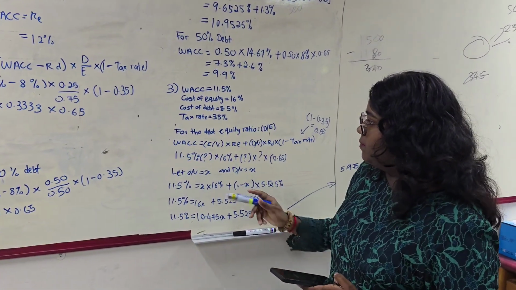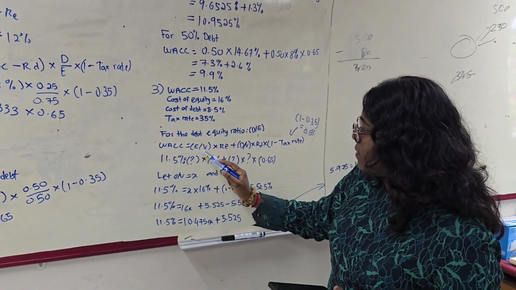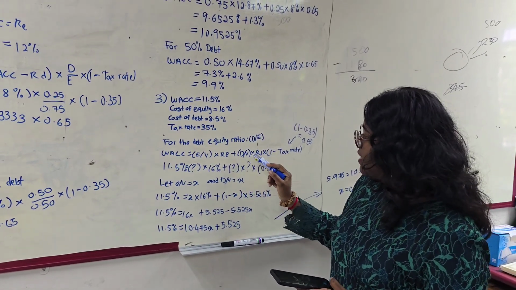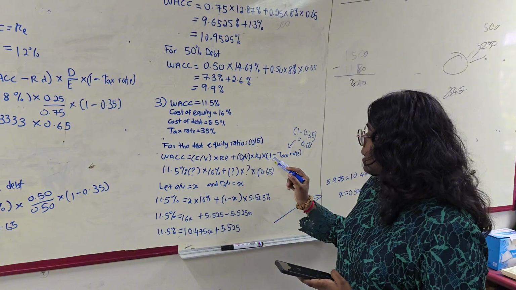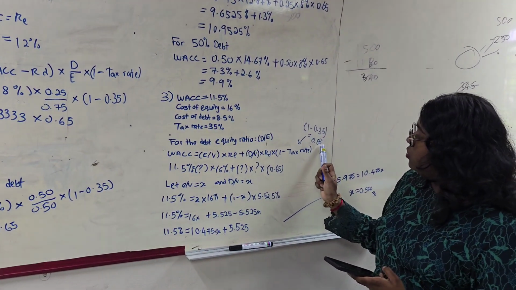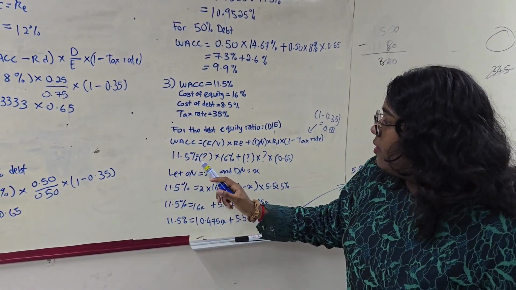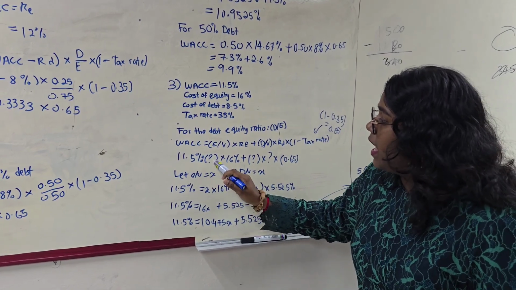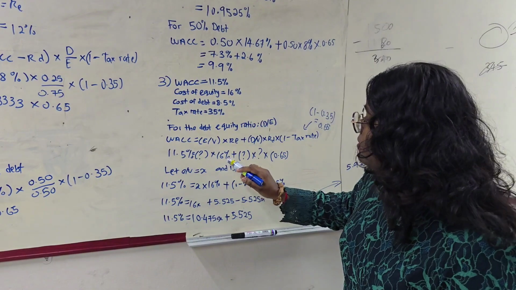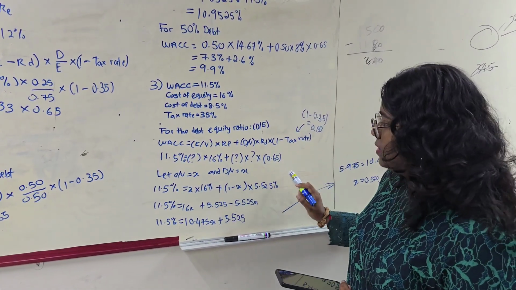tax rate 35%. For the debt equity ratio D divided by E, WACC equals E divided by V times RE plus D divided by V times RD times 1 minus tax rate. 1 minus 0.35 equals 0.65. WACC is 11.5%, and E/V, which we haven't calculated, remains a question mark, times 16%, plus D/V as well, times 8.5% times 0.65.